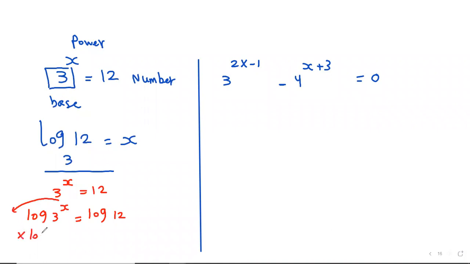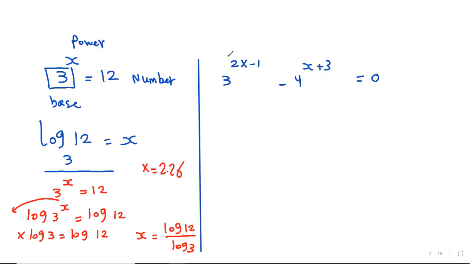X log 3 equals log 12. So what is the value of x? X equals log 12 over log 3. That's it. So use your calculator to find the value of x. It's 2.26 by using the calculator.